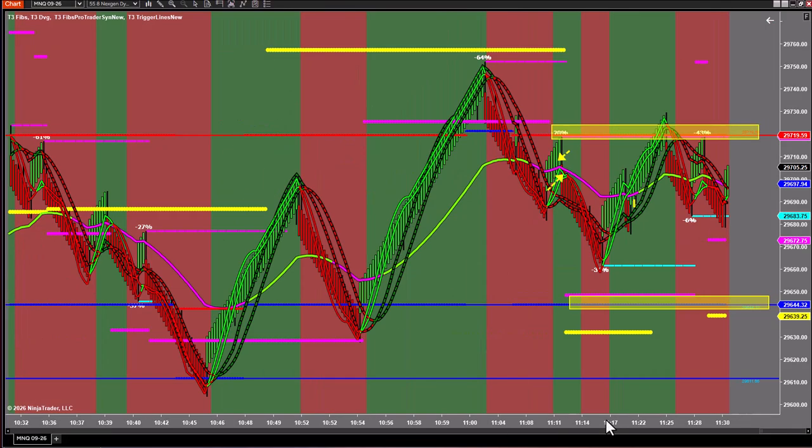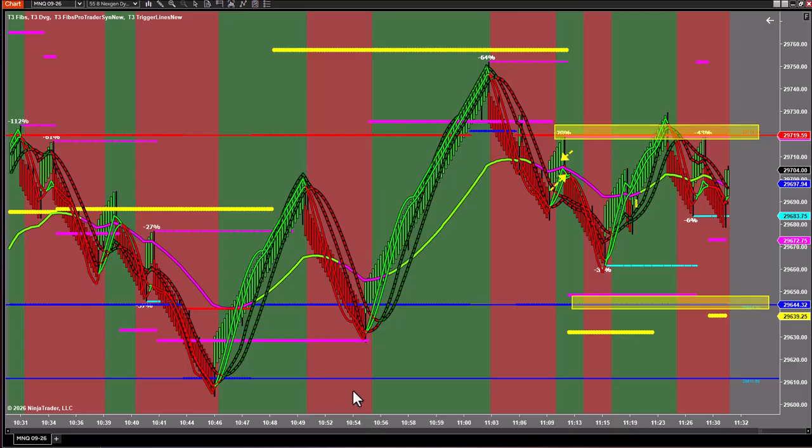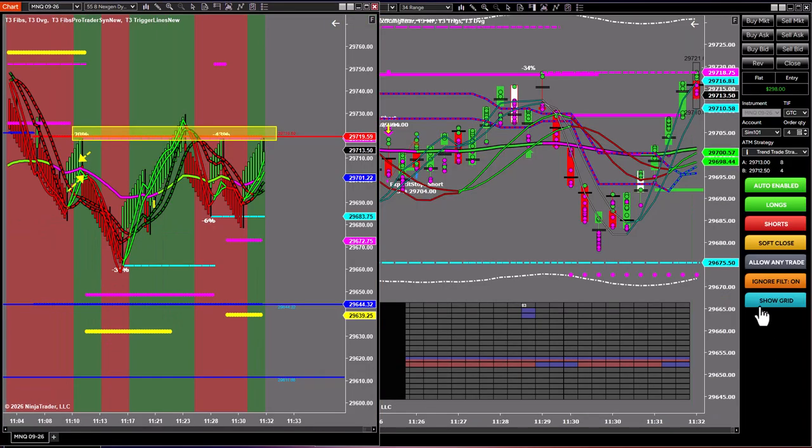I don't know if we will or we won't, but usually when support holds, you make it to resistance. It breaks. Support holds, you make it to resistance. And then support breaks, you make it to resistance. And then ultimately, usually you make it to support unless resistance breaks. So we shall see.